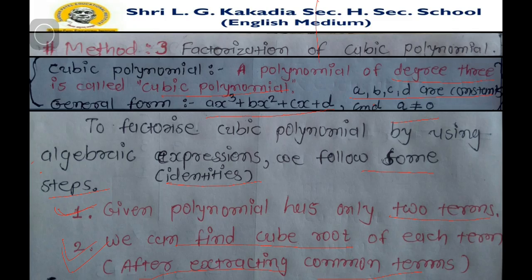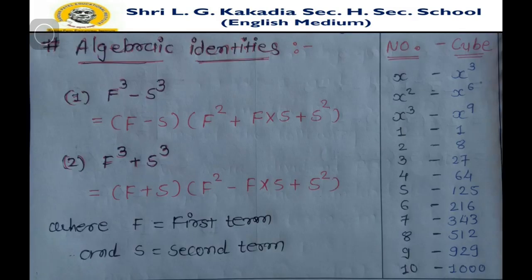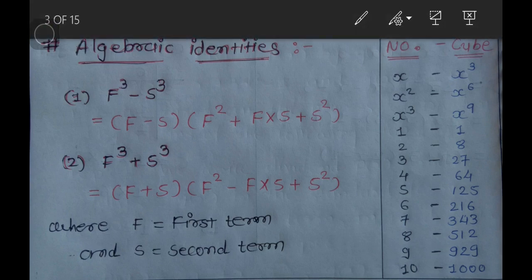So now, how can we get the factorization of a cubic polynomial? Here are two algebraic identities that we use to factorize a cubic polynomial. The first one is f cube minus s cube. Here f and s we can define as f is the first term and s is the second term.